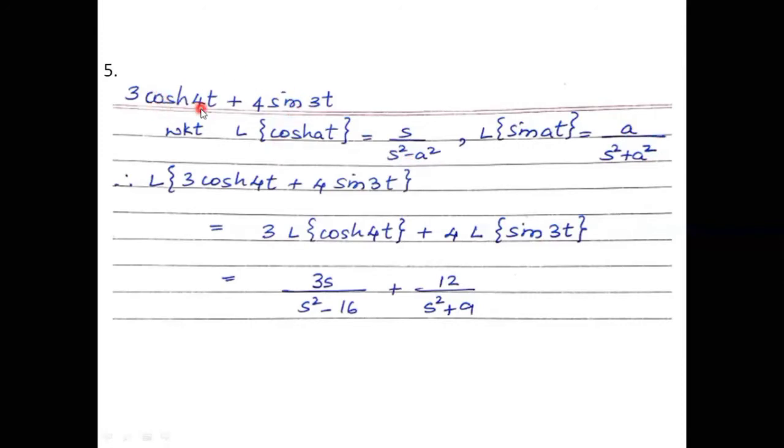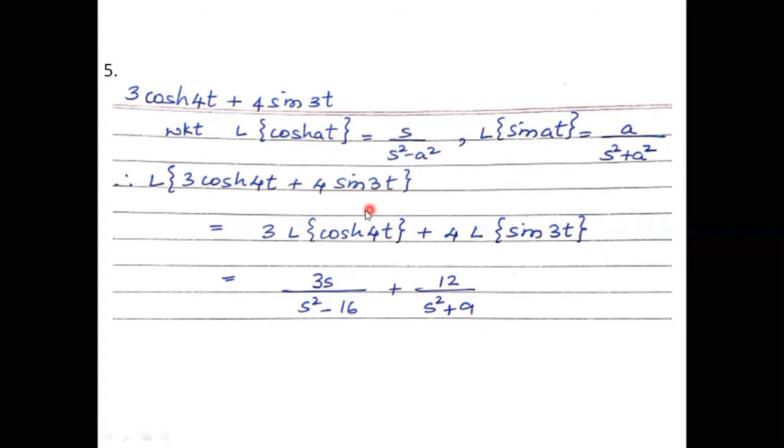Cosh 4t, in place of a, I am having 4. So the Laplace transform of cosh 4t is s by s square minus 4 square, that is 16. I'm having 3 here, so I have written 3s by s square minus 16.